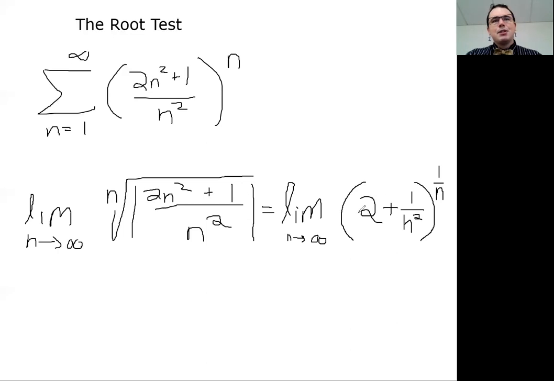So this is always going to give me a number slightly larger than 2, right? 2 plus a very small fraction. And then I'm taking the nth root of that number. So what this is going to give me is the number 1.